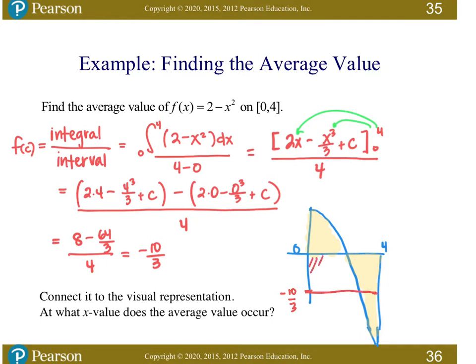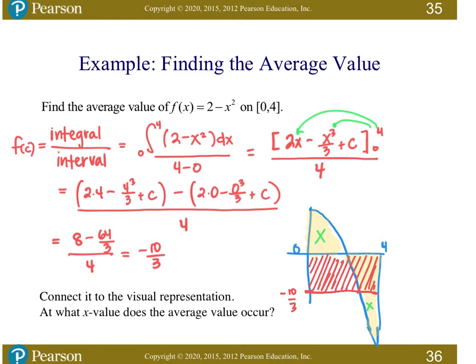And that area, that red area, is the exact same as the yellow area, as the total of the yellow area. In other words, what's happening is that the area in here and the area down here cancel each other out, and then we've got the area all together.